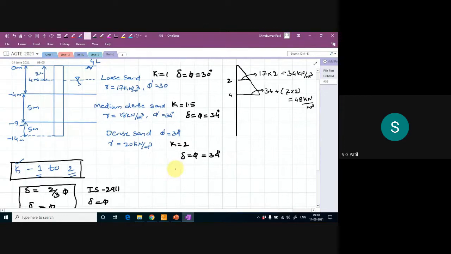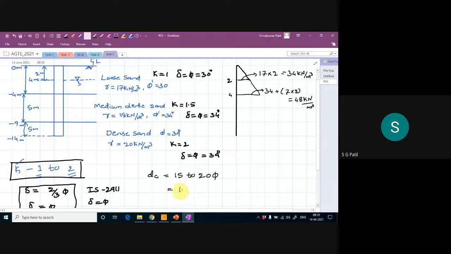Okay, so I will take it by considering soil arching. So I will calculate the critical depth. This DC, that is critical depth, is equal to 15 to 20 times the diameter of the pile. Since I have loose sand and medium sand, in the majority part it is loose to medium sand, so I will take it as 15 times.